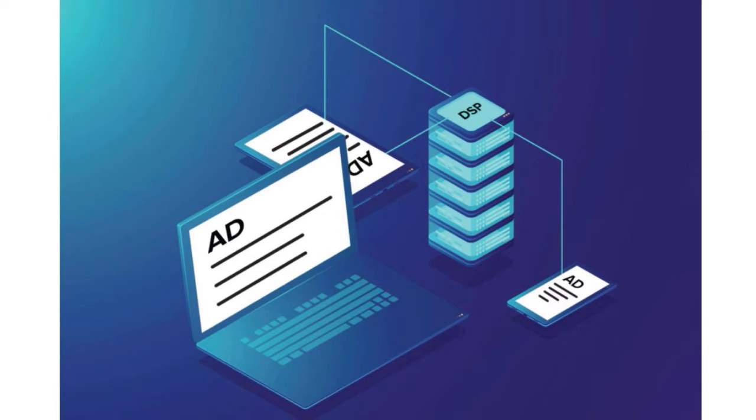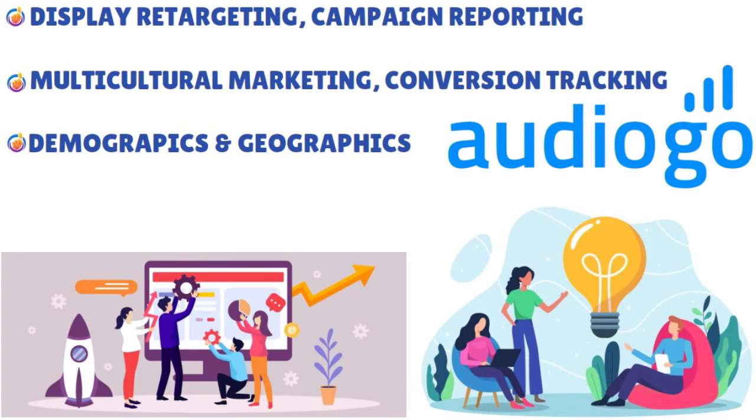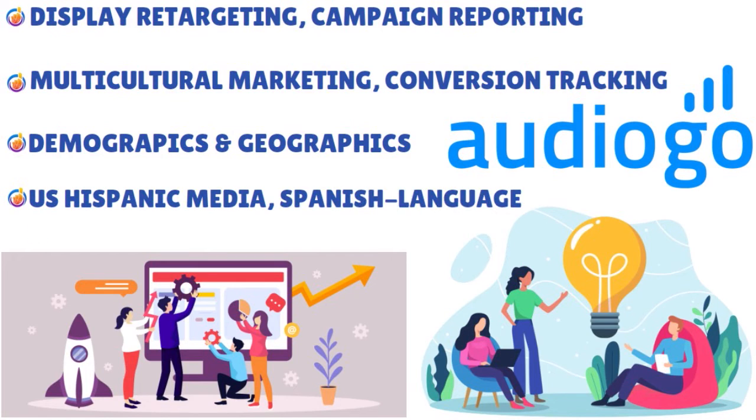This is great. AudioGO also does a great job in terms of multicultural marketing, so you can target customers or listeners, for that matter, of the biggest names in U.S. Hispanic media. So Spanish language ad creative services are also available. You have conversion tracking, so you can go beyond clicks and measure all of the ad listeners who visit your website with the AudioGO Pixel.